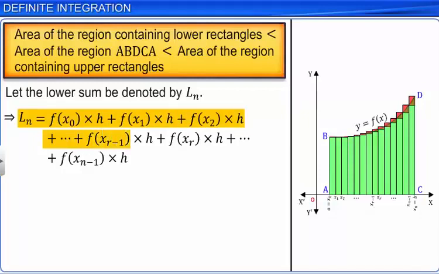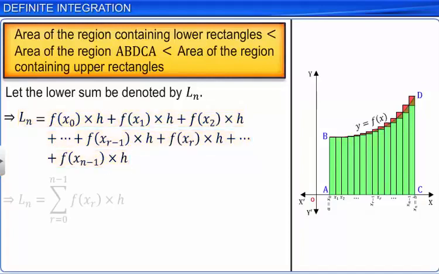So the lower sum is equal to the summation of f of x r into h, where r is running from 0 to n minus 1. Let's denote this as equation 1.